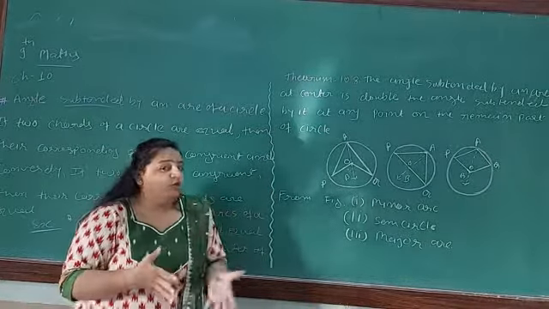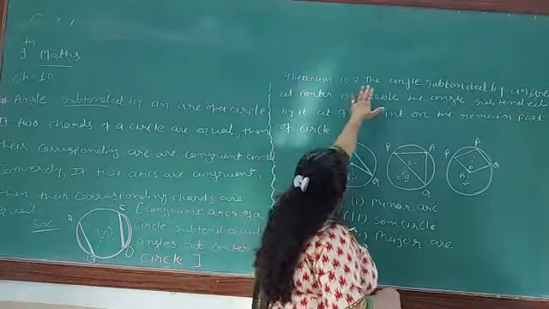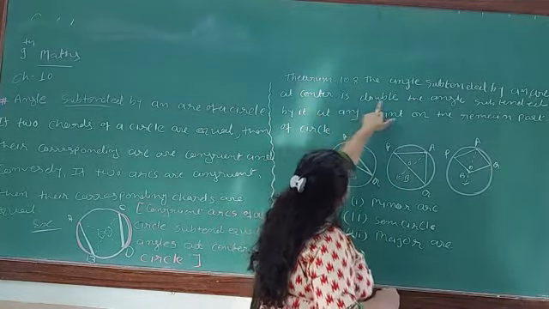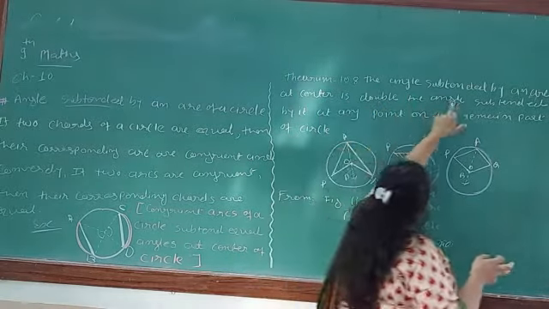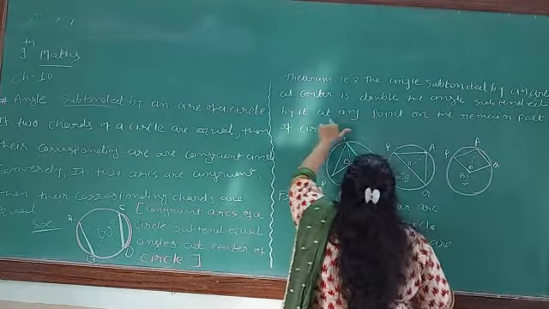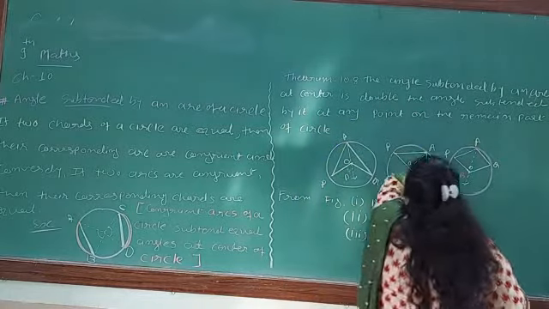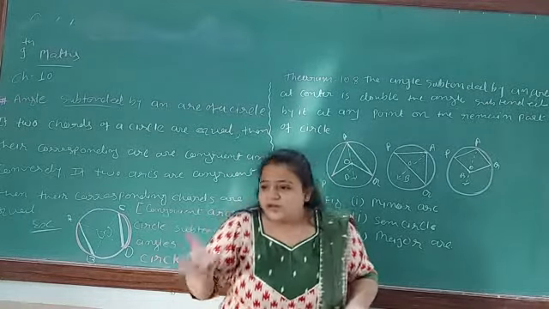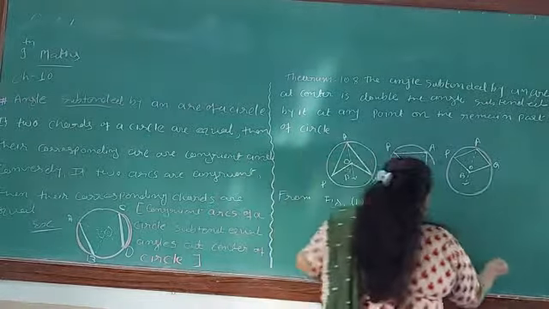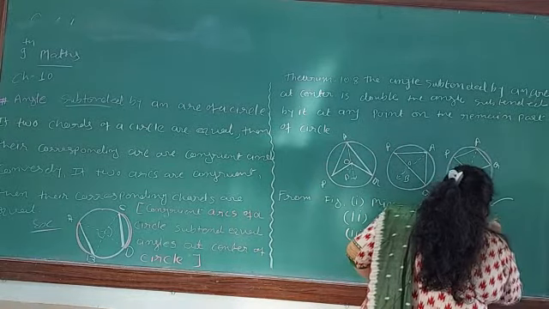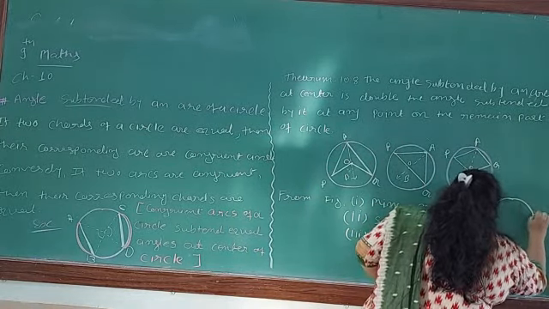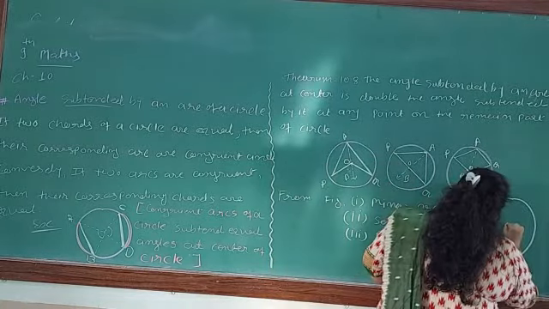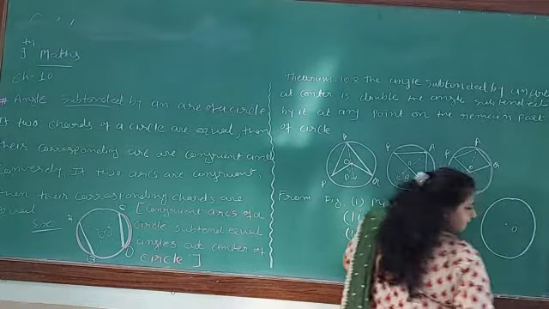Now let us see what we are going to learn in this. The angle subtended by an arc at the center is always double the angle subtended by it at any point on the remaining part of the circle. What are they trying to say? Forget this thing, concentrate over here. Suppose it is a circle, and O is the center of the circle.